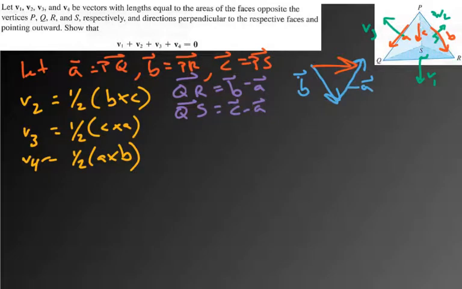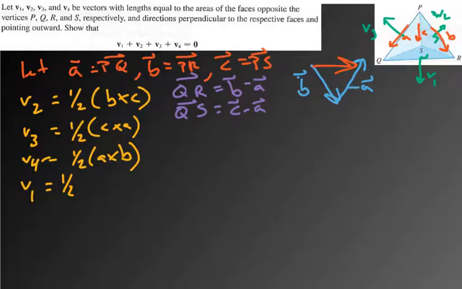So I've got QR and QS, which are vectors down here in terms of A's, B's, and C's now. I could take V1 and, using the same idea as up here, I know that any of these vectors, based on the fact that it's equal to the areas of the faces, have to be half the cross product of two vectors in that plane.